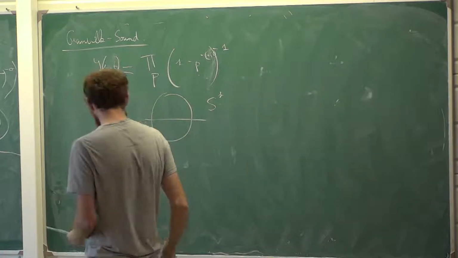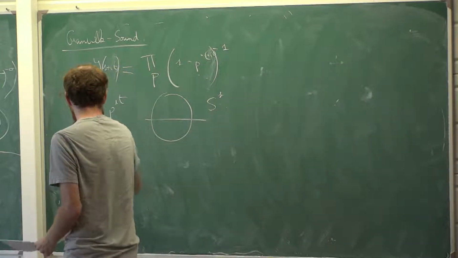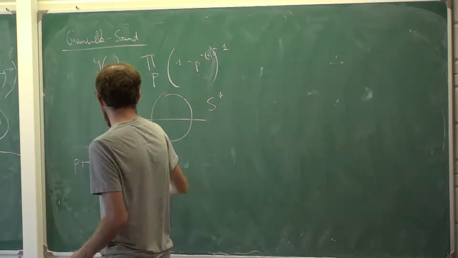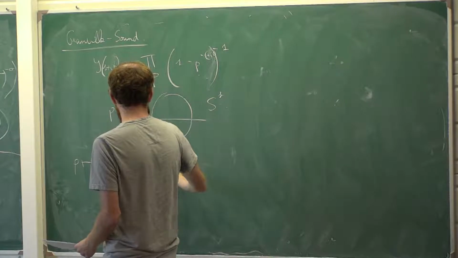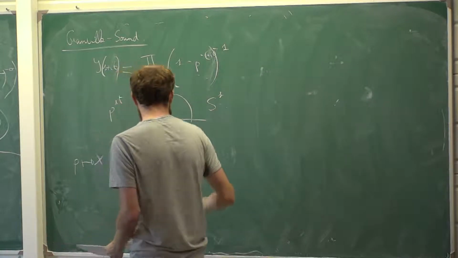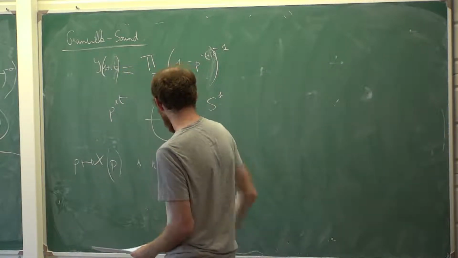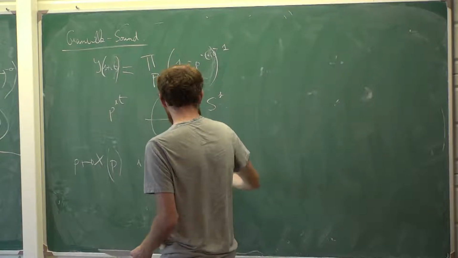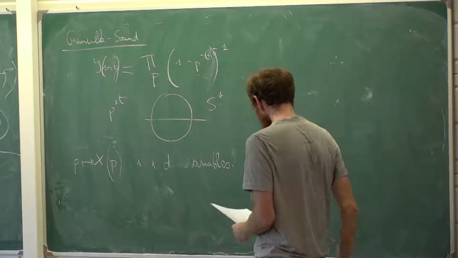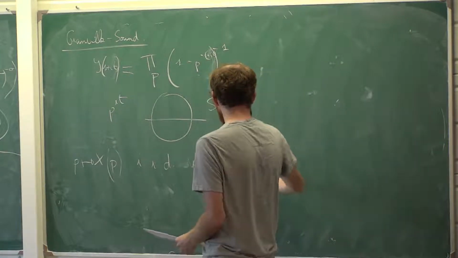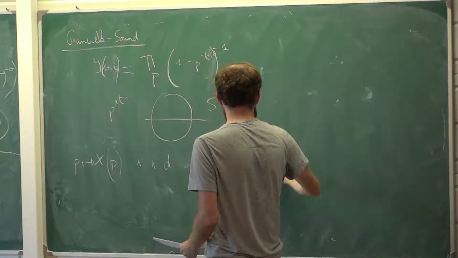They define independent identically distributed variables which are distributed uniformly on the circle.